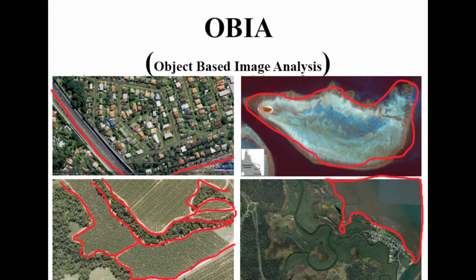In object-based image analysis, you want to select something which has typical characteristics which can be duplicated. It's kind of like a supervised classification almost, but unlike a supervised classification, you're using polygons.